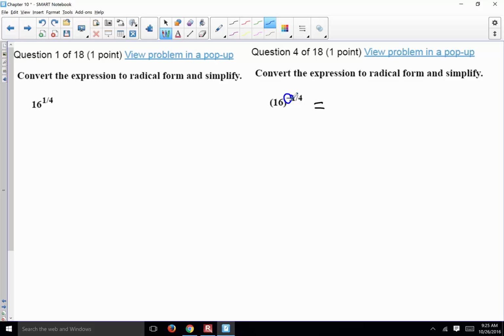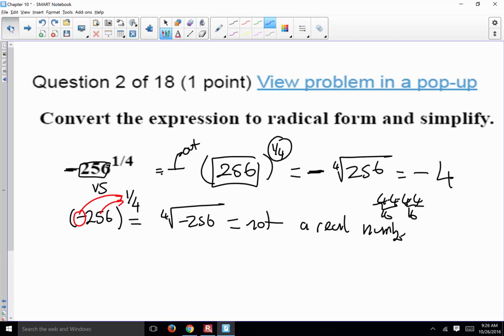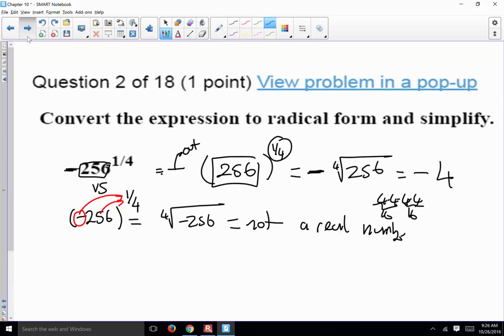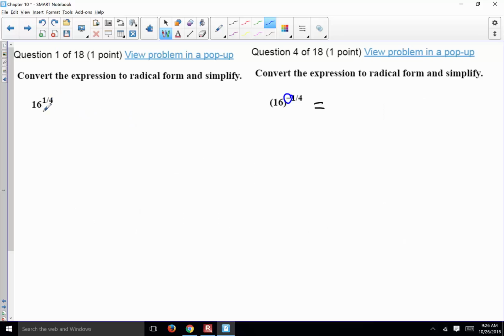How do we take care of negative exponents? This is a new area, because so far, number 1, number 2, number 3, none of the questions had a negative exponent, and this needs a brand new idea. We need to first fix the negative sign.